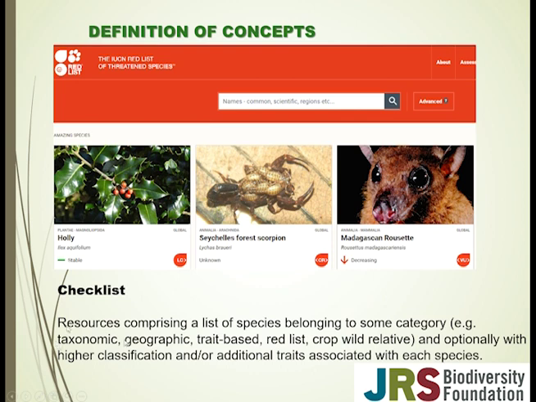If you consider the species belonging to that taxonomic family, Verbenaceae, the geography of the north of Malawi, for instance, you can say, okay, the species of the north of Malawi, or threat-based, that is species, for instance, on the IUCN Red List, crop wild relatives, whereas the parents of the species that are cultivated now, and optionally with higher classification or the additional threats associated with each of them.